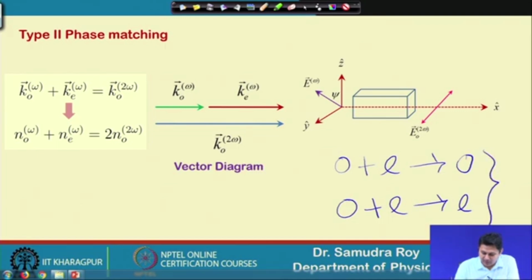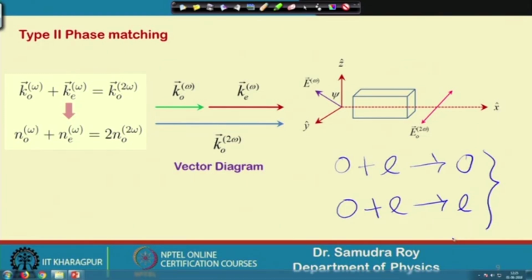In both the cases the phase matching can be possible, and this kind of phase matching is called type 2 kind of phase matching, which we just learned in the example that in the second harmonic generation one part of type 2 phase matching can be possible, and in terms of refractive index we have this relation as the phase matching condition.